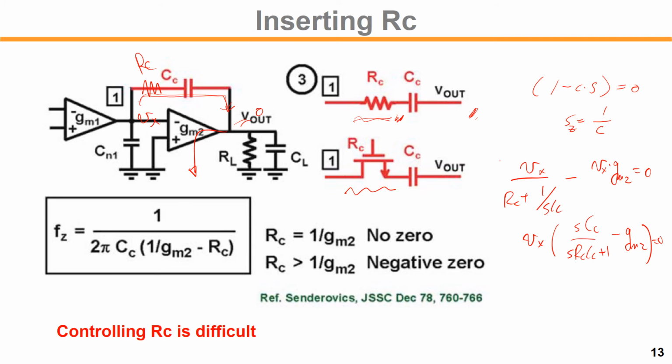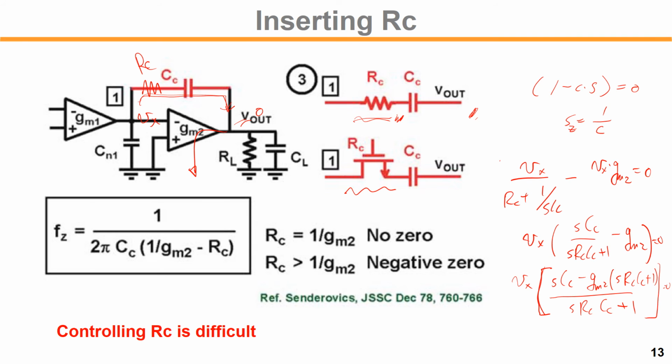So we can multiply that one. So what? We can find the zero location: (SRCCC plus 1) over SCC minus GM2, times (SRCCC plus 1), equals 0.